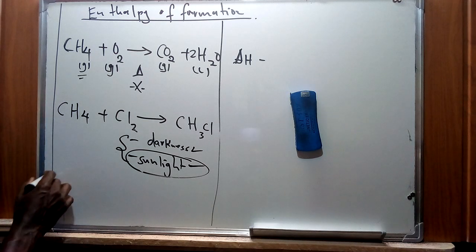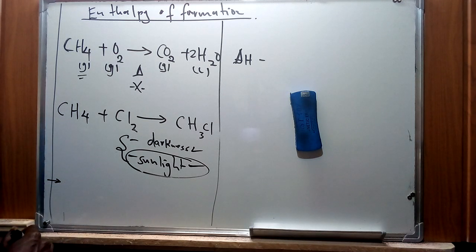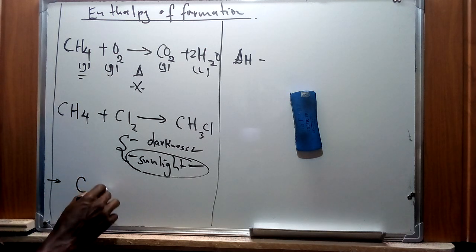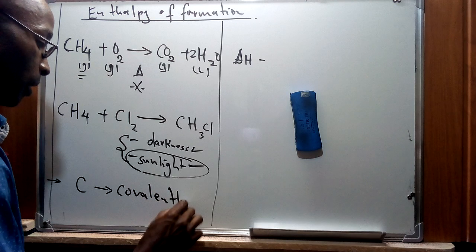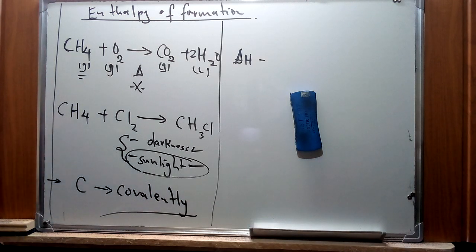And when we were talking about the introduction to organic chemistry, we said that carbon prefers to bond covalently with other compounds to form long chain carbons, or other compounds when it bonds with other atoms apart from carbon itself.